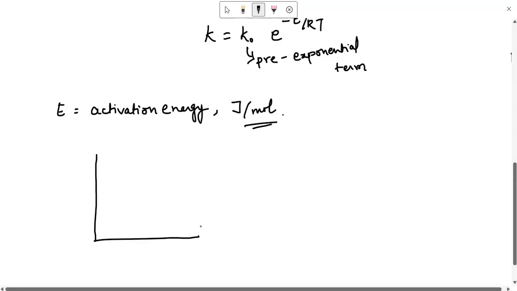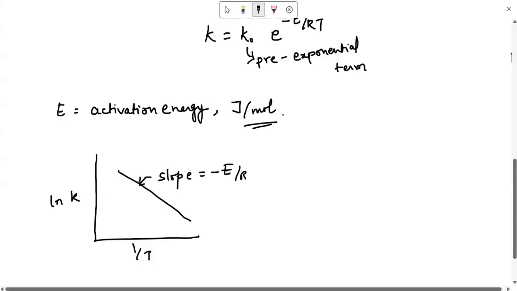On your x axis you will plot 1 by T, and on your y axis you can plot ln of k. So you may get a straight line, and you will obtain the slope as minus E by R.